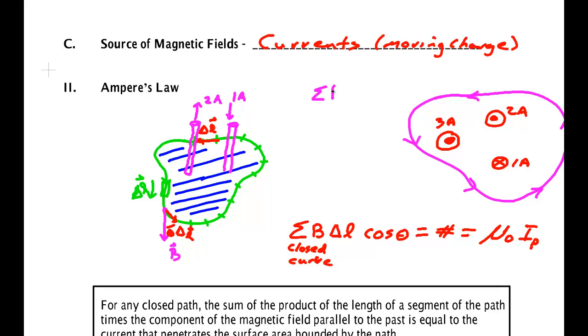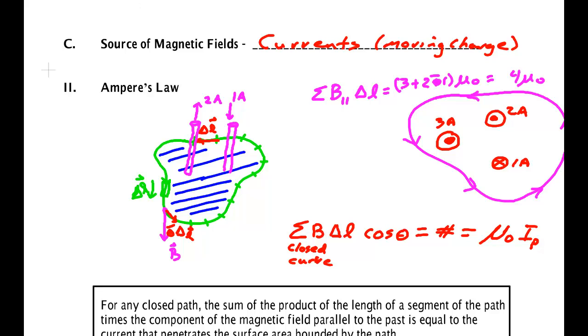The sum of B parallel delta L would equal 3 plus 2 minus 1, times mu naught. That's 4 mu naught: 4 amps times the value of mu naught, 4 pi times 10 to the minus 7.